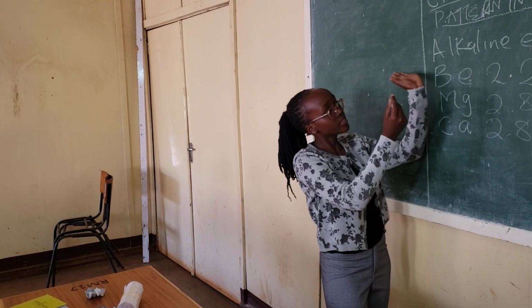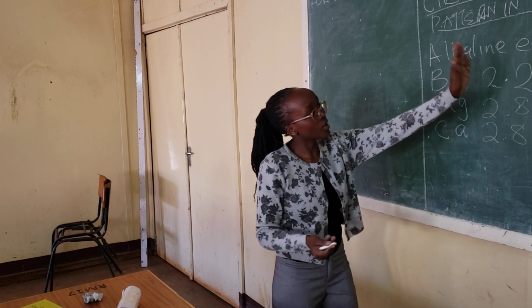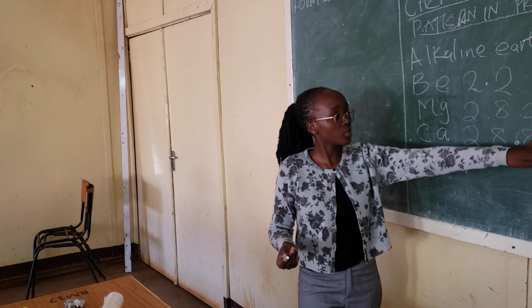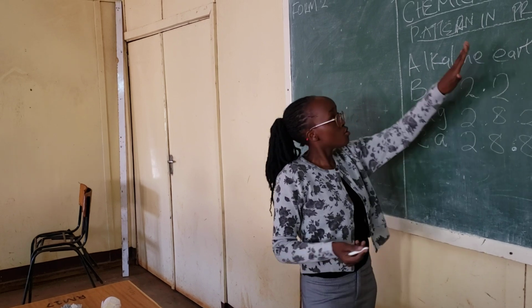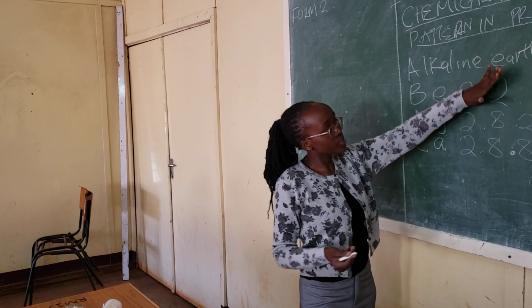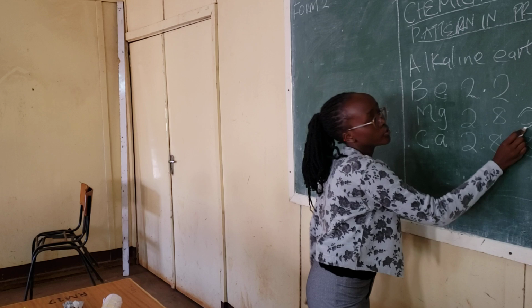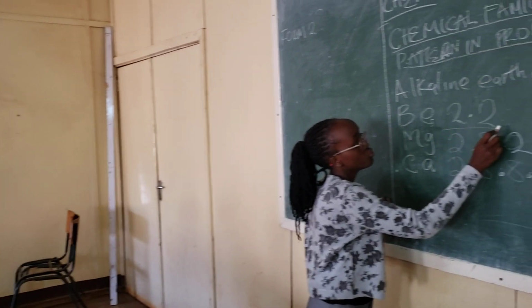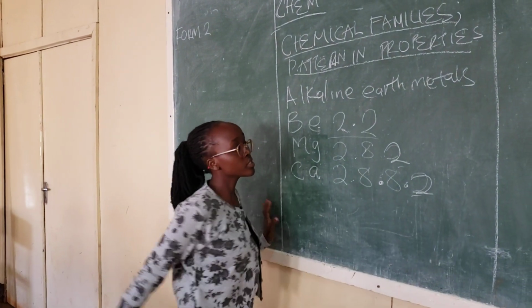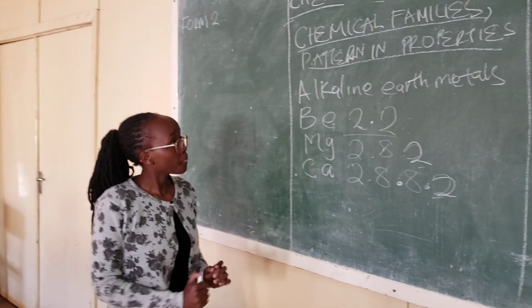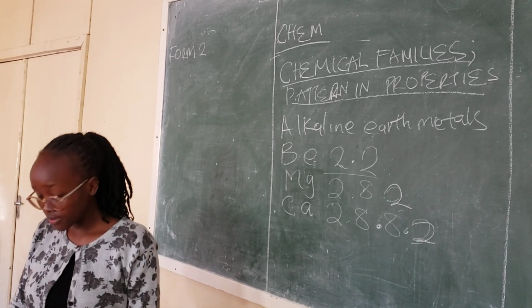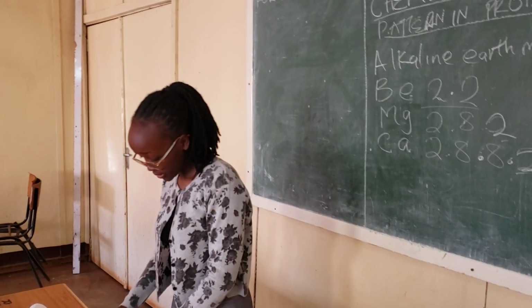When we were talking about alkali metals, we saw their outermost electrons. For alkaline earth metals, the similarity that they have is that they have two electrons in their outermost energy level. And you've been able to discover that yourself.